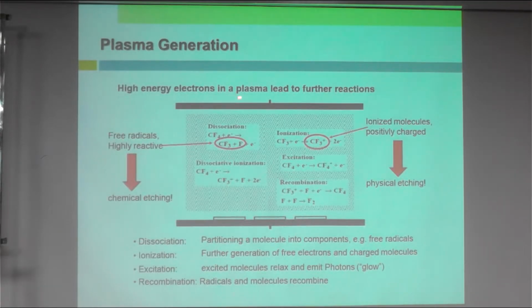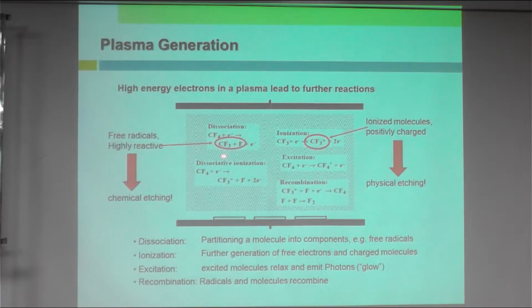High energy electrons in a plasma lead to further reactions. Because the plasma moves with high energy, it can perform etching as well. It's a kind of bombardment: you are shooting ions at the material to remove it. It can be considered as force machining as well.